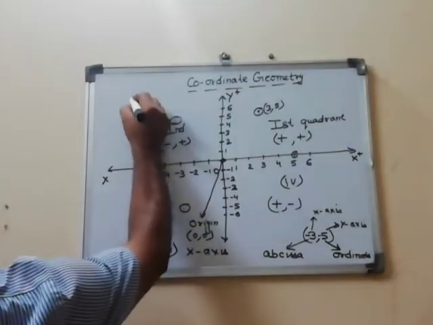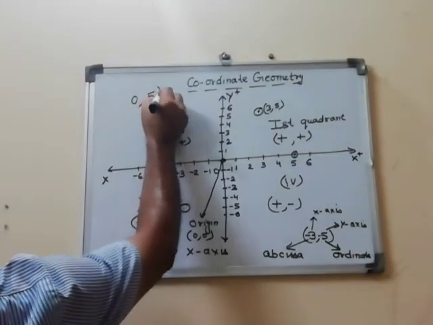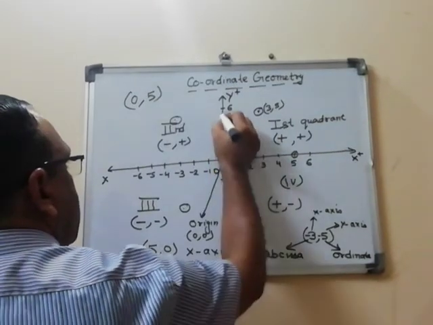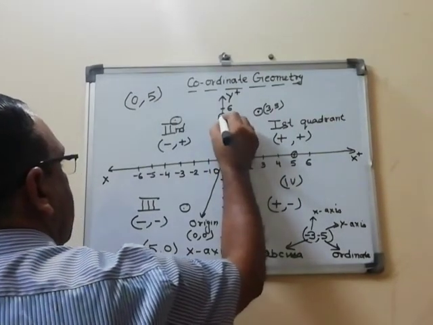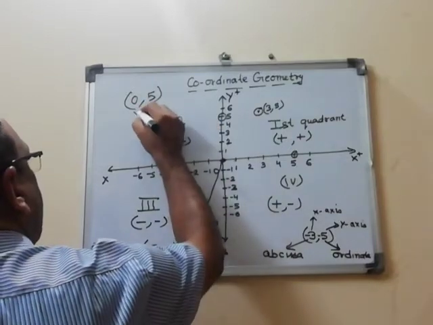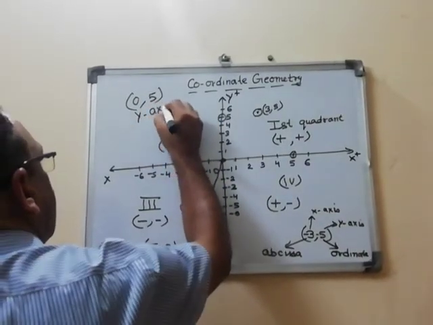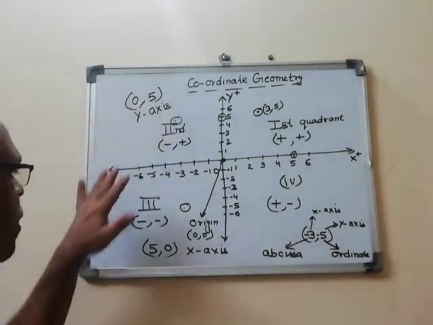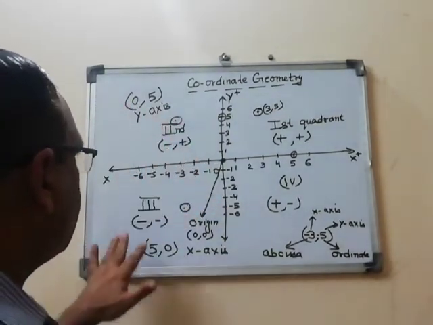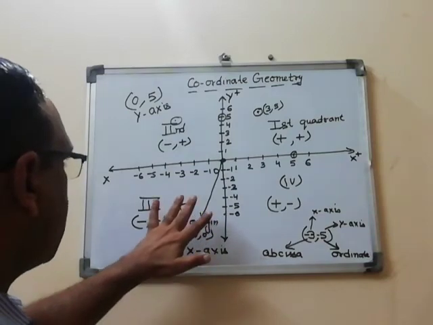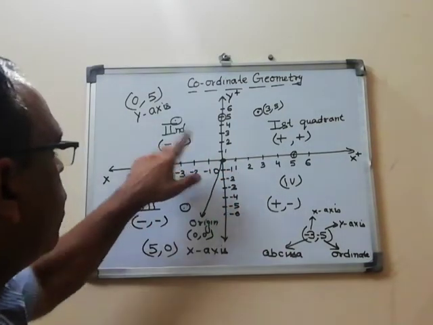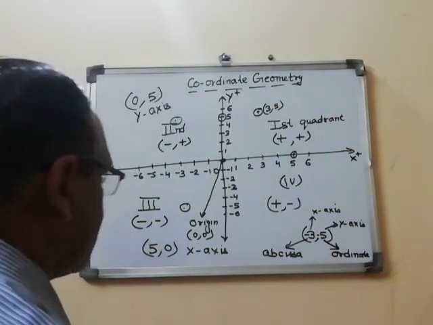If 0, 5 is there, that means the first value is 0, here only, then upward. 0, 5 lies on the y-axis. Okay? Whenever 0, 5, 5, 0, 3, 0, 0, 3, these types of values are there, you have to write that these points are not in a quadrant but on the x-axis or y-axis.